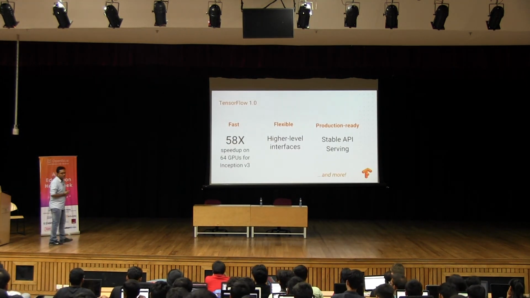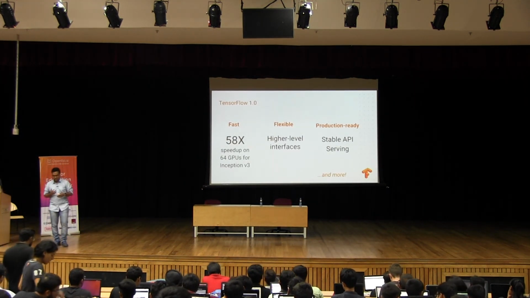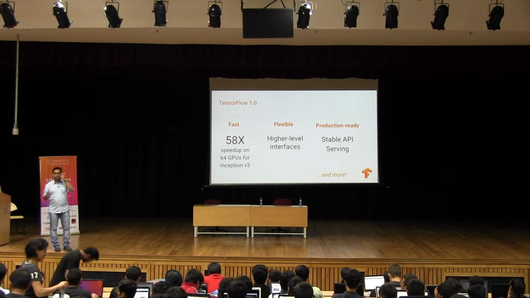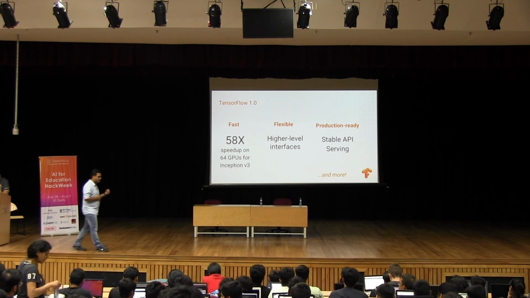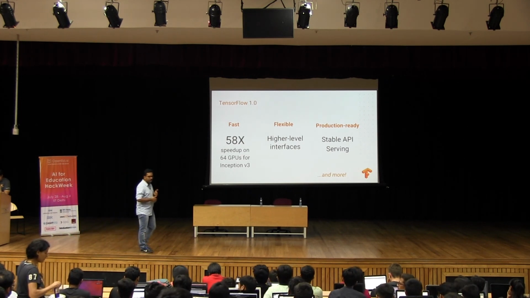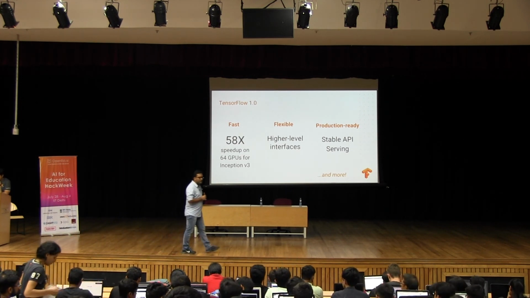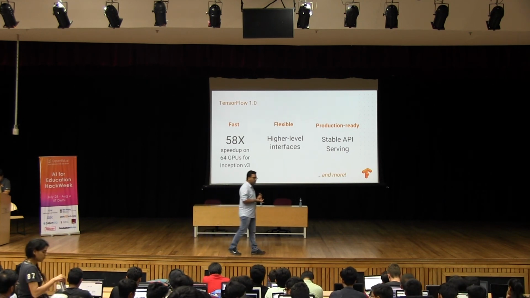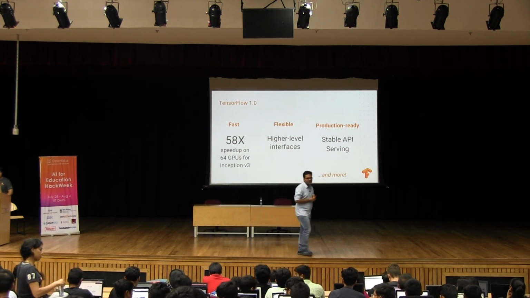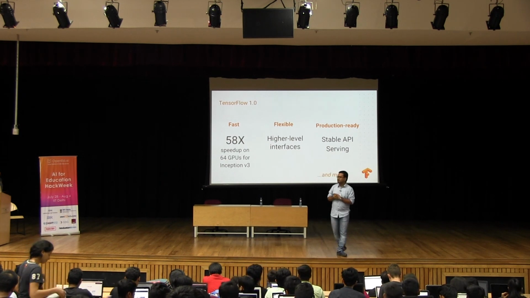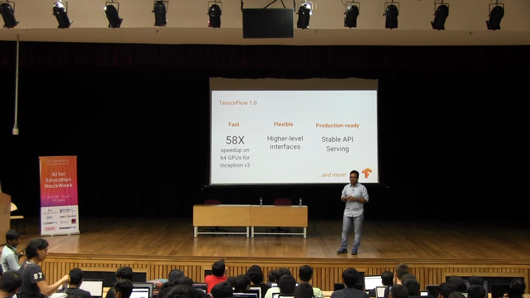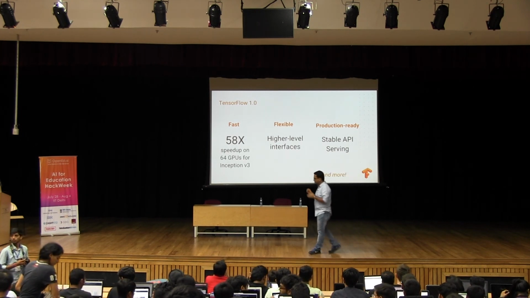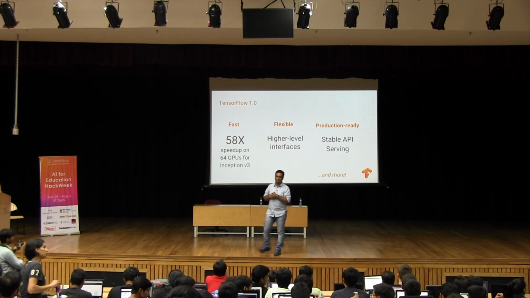TensorFlow version 1 is the stable version that we have come out with. We just started with support for CPUs running on Linux based systems. Then we provided support for GPUs. Then we came out with support for Windows as well. But on Windows, it's still not very advisable to use, whereas it runs flawlessly on Linux systems.